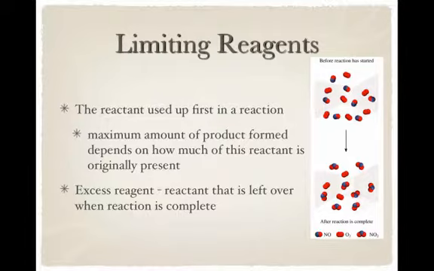An example would be, let's look at our desk and student ratio. So let's say our reactants are the desks and students in this class, and our product would be a student in a desk. Today, what would be our limiting reactant? Today it would be students, right?